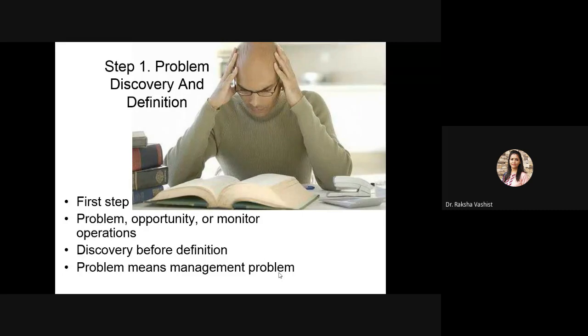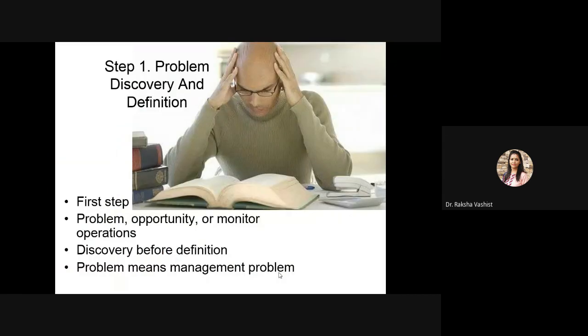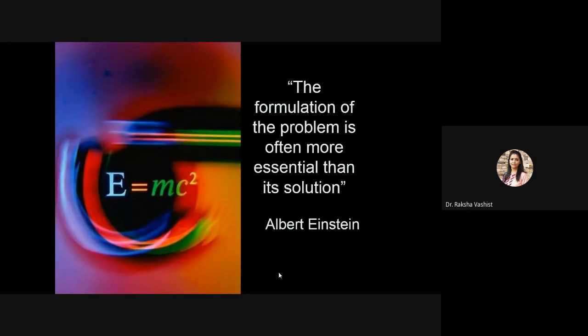So let's take an example of problem discovery and definition. I will give you a business problem. You are requested to convert this business problem into research questions. Before this, problem formulation, problem generation, problem definition, problem discovery is important.